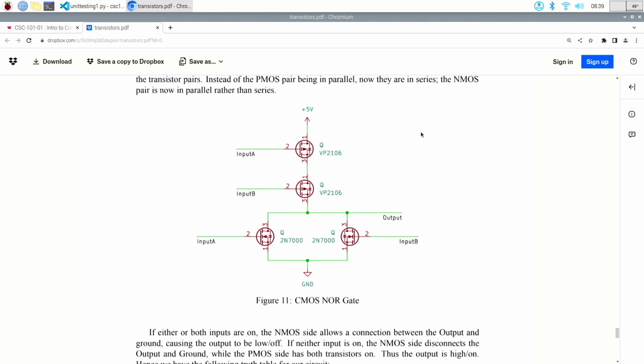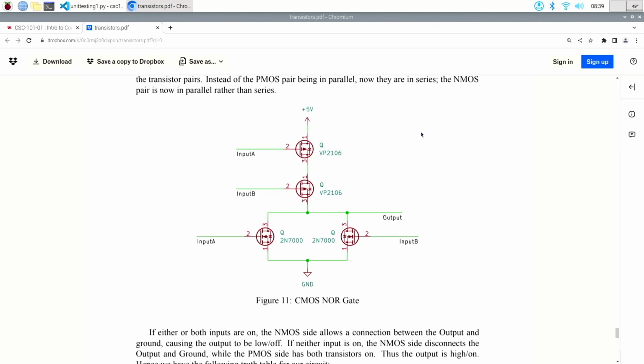Yeah, exactly. Right? So what was the very first CMOS circuit we built on Monday? We built an inverter, right? How many transistors did it take to do that? 2, 1P and 1N, right?